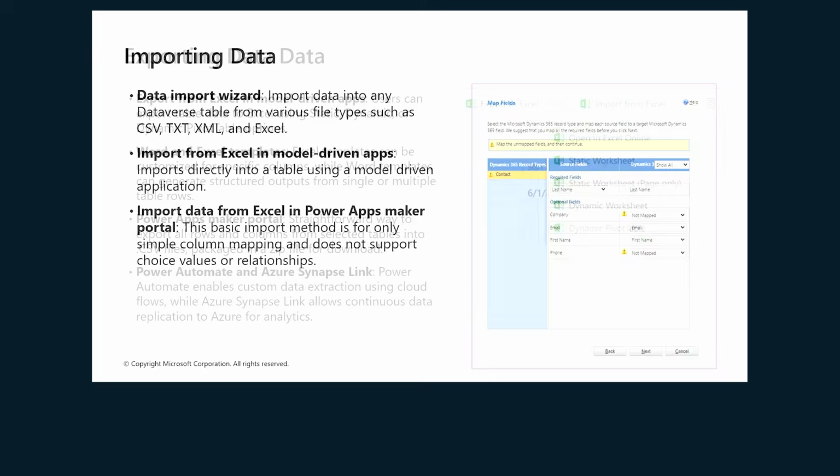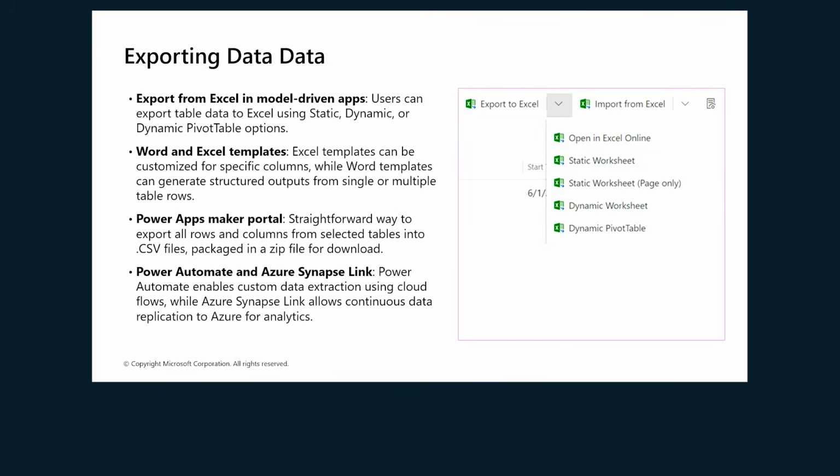There are a number of methods available in Microsoft Dataverse for exporting data from model-driven apps, each tailored to different business needs and technical scenarios. The first method is export from Excel.